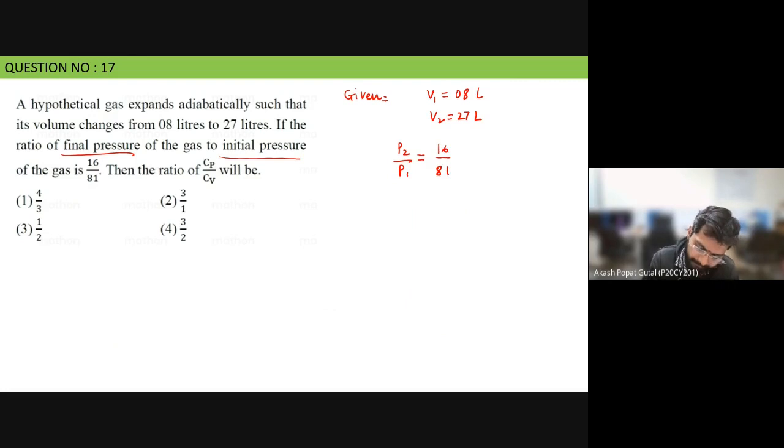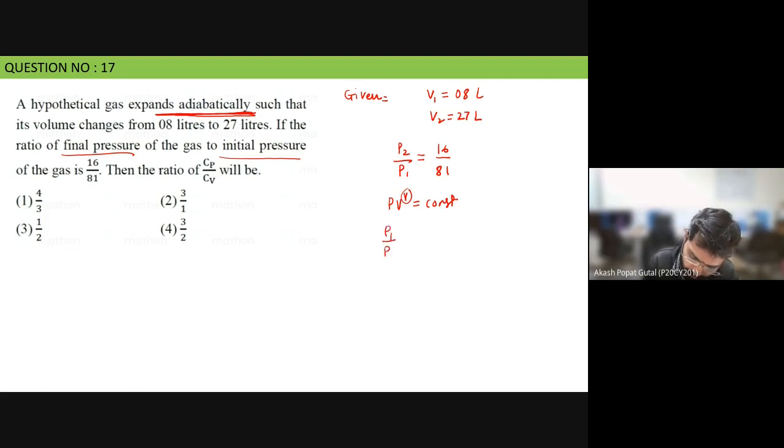Fine. It is written in the question that the expansion is adiabatic. So we know PV to the gamma is constant. We need to calculate gamma.